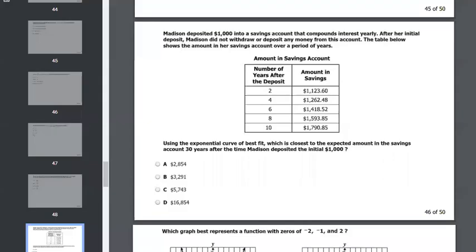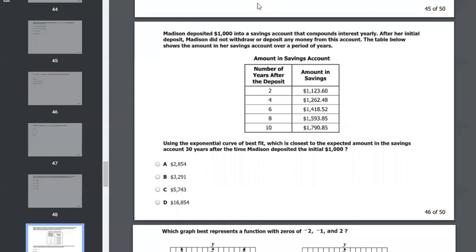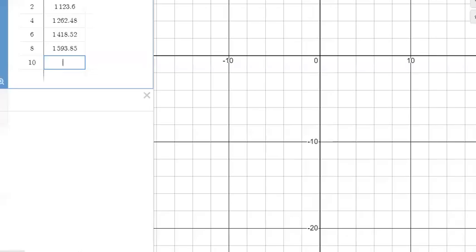Beside the 8, I have 1593.85. And then beside the 10, I have 1790.85. Okay, so now I have all my numbers in.